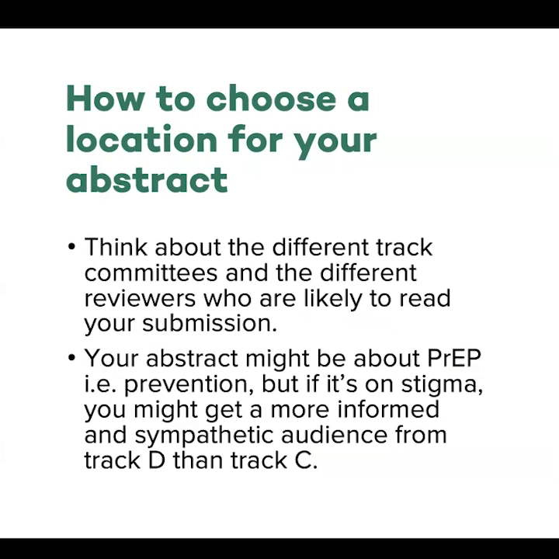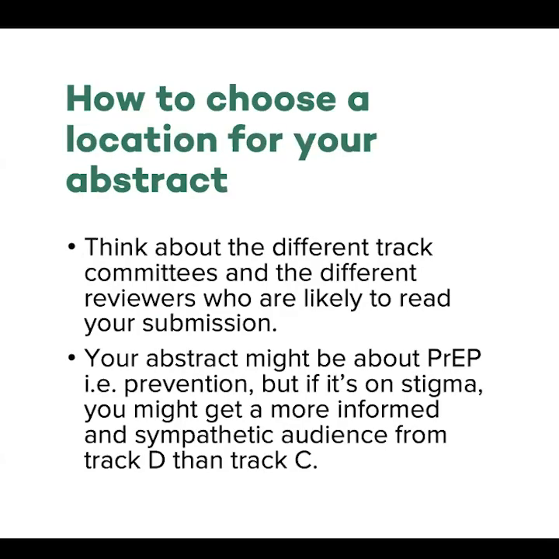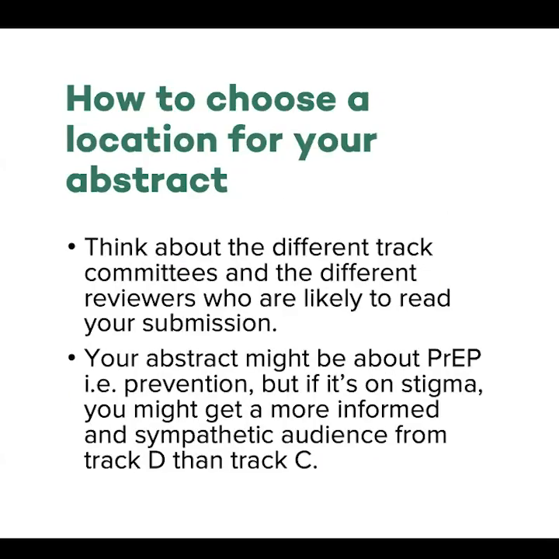So your abstract could be about PrEP, which would normally fit into prevention, and prevention and epidemiology is track C. But if you were talking about PrEP stigma, you might get a more informed and sympathetic audience from track D, which is literature and poetry, or the social, cultural, policy, and economic aspects of HIV, compared to track C, which is focused more strictly on prevention and activities that we can do to reduce the number of people who get HIV in any given year.